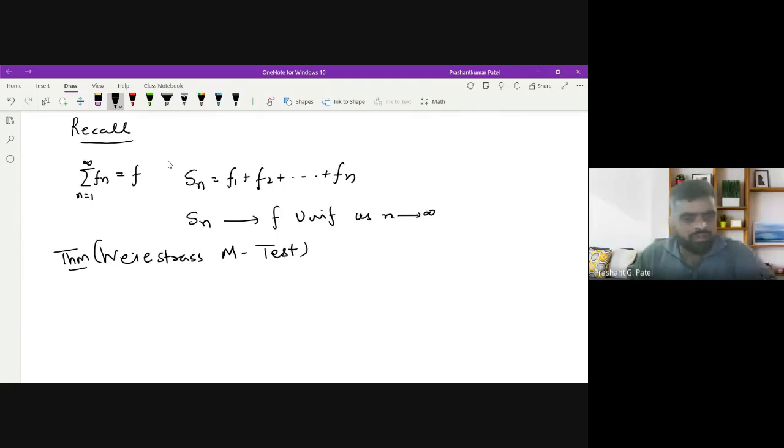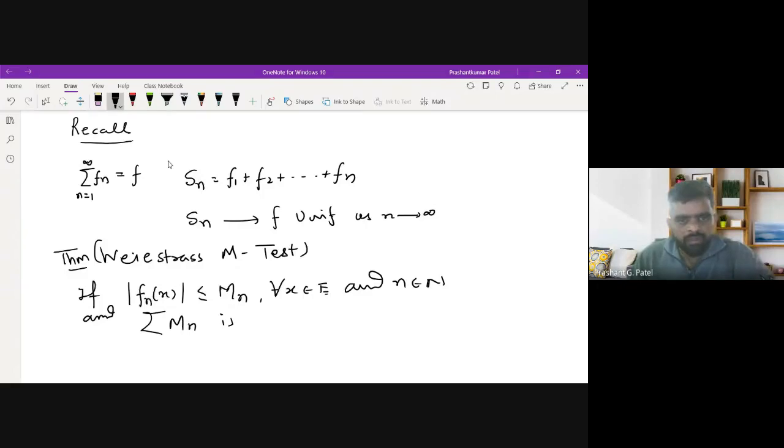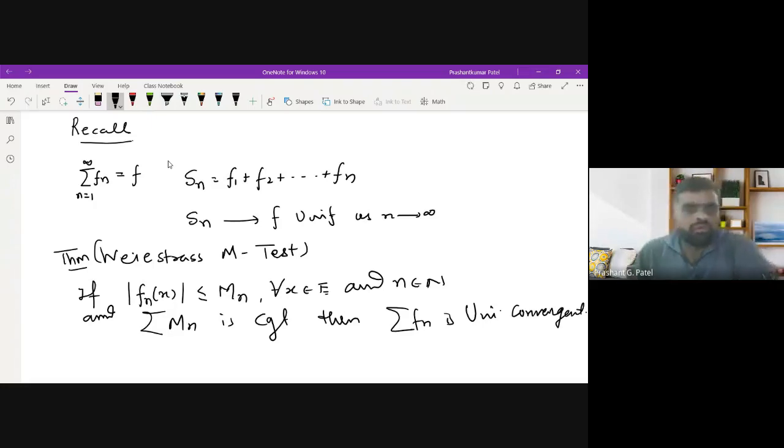If each of these Fn are bounded by some constant sequence Mn for every x in E and n in N, and the summation of Mn is convergent, then the summation of Fn is uniformly convergent. So this was known as the Weierstrass M test. In the previous lecture, we have discussed the proof of this theorem.